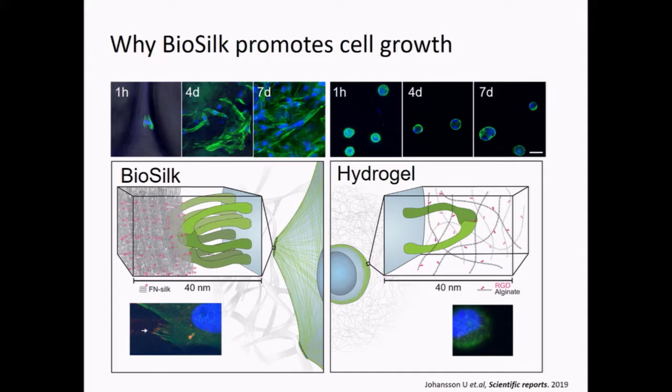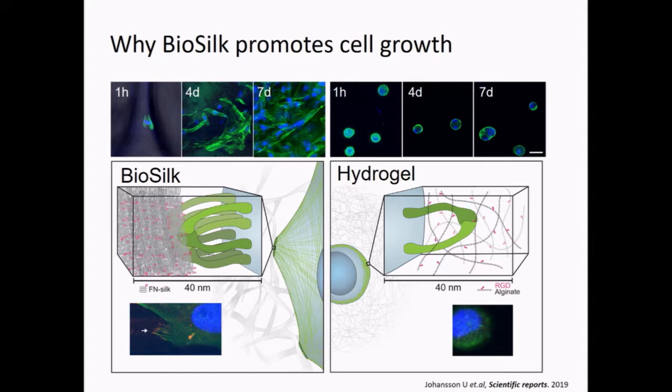And we speculate that in the Biosilk, the receptors on the cell membrane find something of similar dimension as the real extracellular matrix to grab on to, gathering several receptors and getting the signal: hey, I'm in the right place, I should grow here and expand.